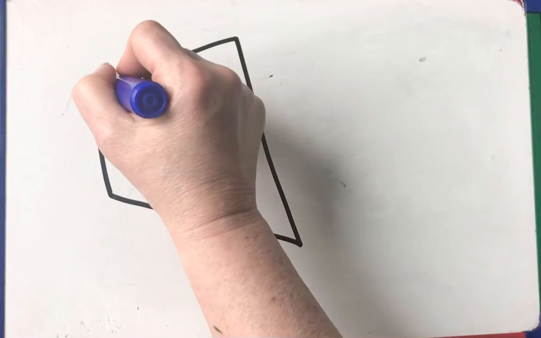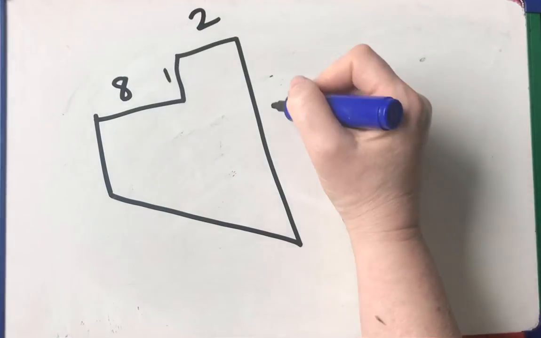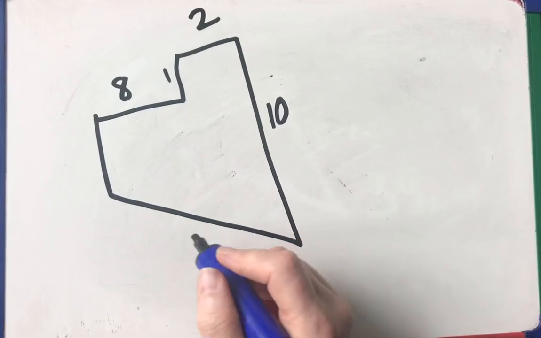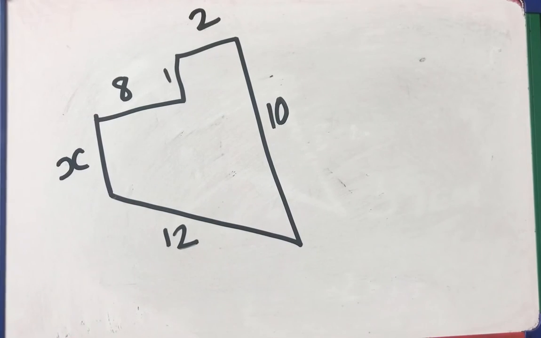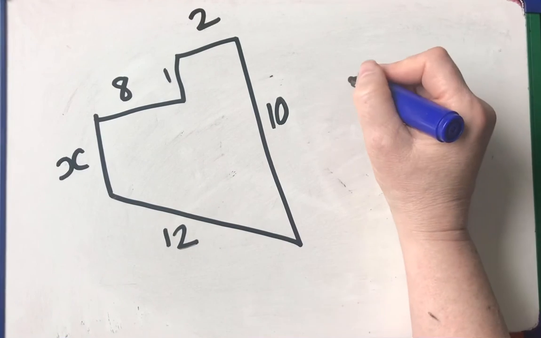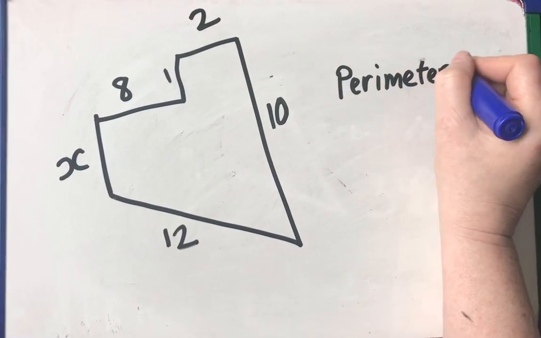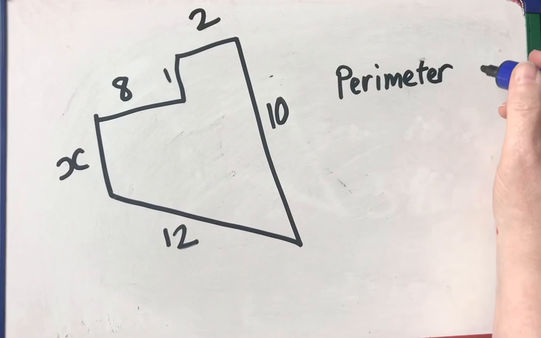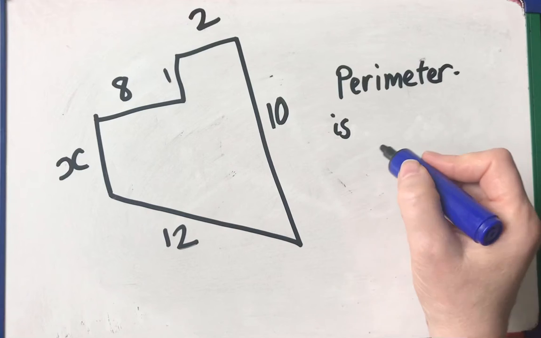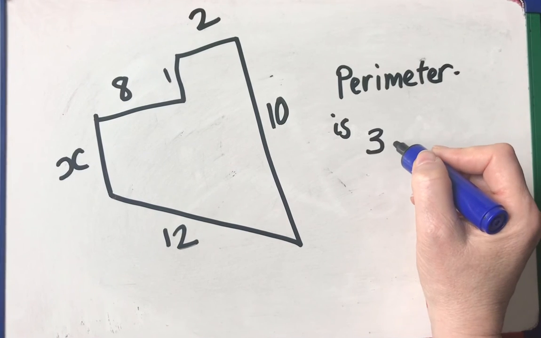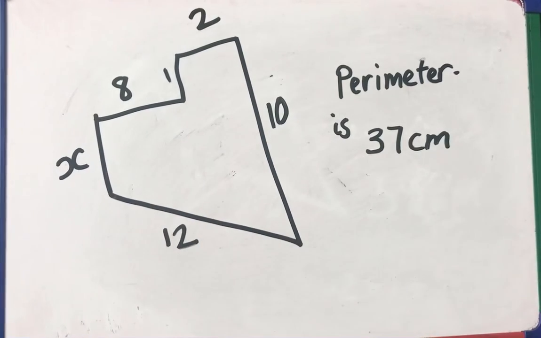You could be given, that's 8, that's 2, that's 1, that's 10, that's 12, and that's an unknown number. Well, I'll either be told the perimeter or it will be shown on the diagram somewhere. If I know that the perimeter is 37 centimetres, what's that missing length?